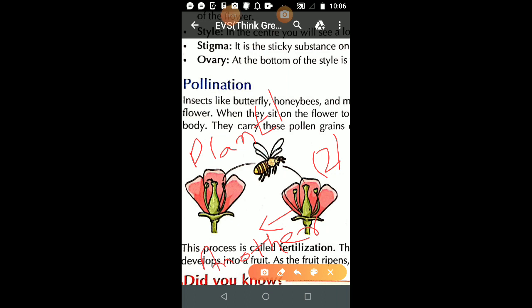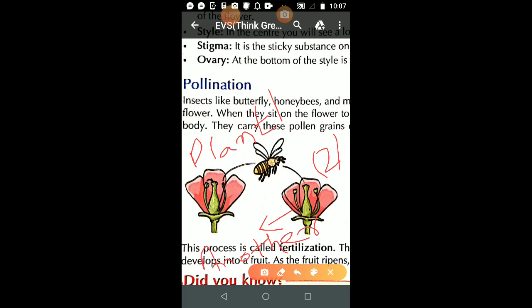For example, this is plant number 1 and this is plant number 2. Now maybe the pollen from this anther, from the first plant, is transferred to the stigma of the second plant. So such a type of pollination is known as cross pollination.